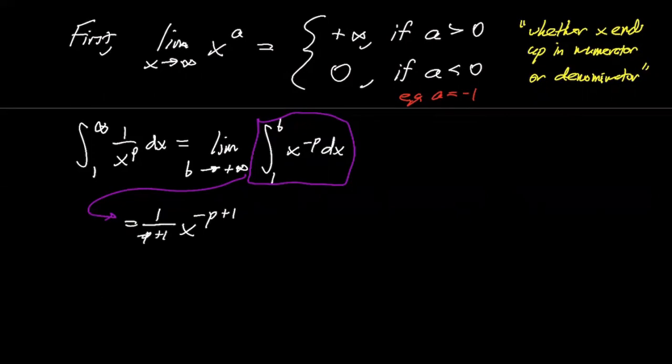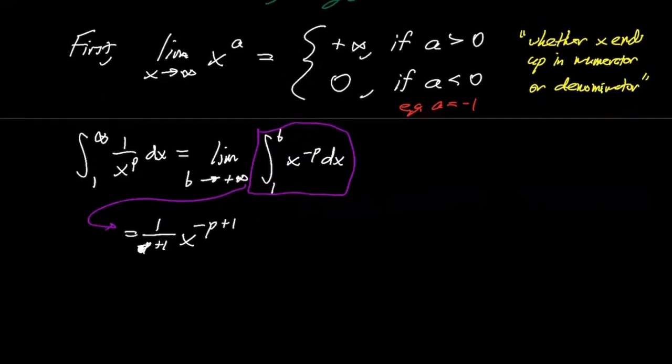Okay, so it looks something like that, right? Let me write that a little better: 1 over minus p plus 1. But one thing we have to notice is that this doesn't work when p is 1, right? This only works if p is not 1.